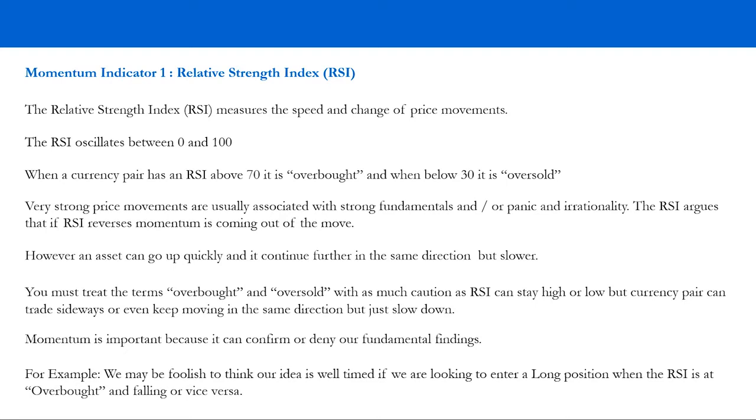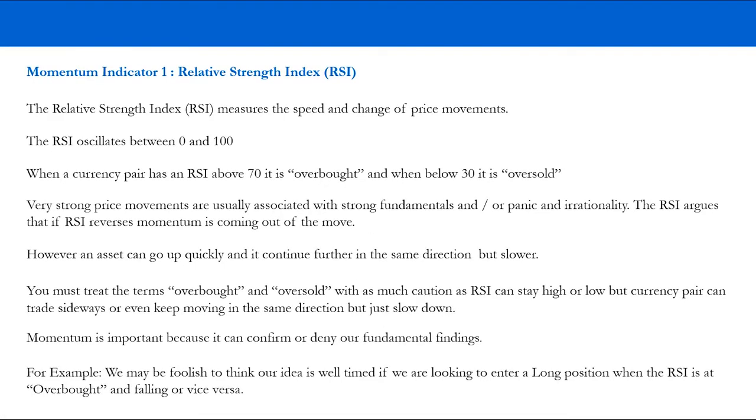In the situation where we have a fundamental bullish predisposition, if the RSI is in overbought conditions, we might be foolish to think our trade is timed well. In that scenario, we might consider not trading, and vice versa if we have a low RSI and a fundamental predisposition to go short. So again, the way we interpret these things is pretty important.